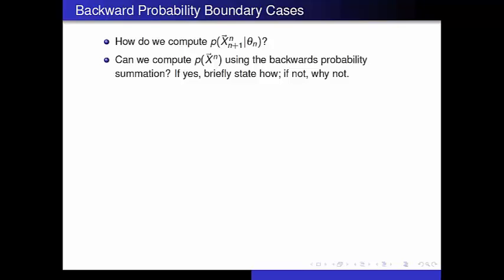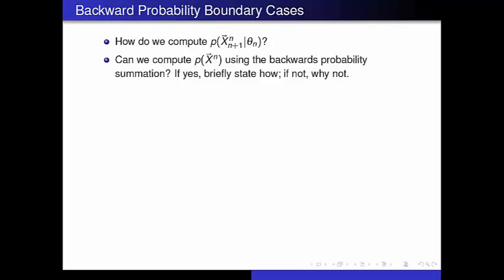So all I'm doing here is asking, what is the meaning of the backward probability? And to be completely concrete, what do we compute at the very last time step when t equals n? Then the backward probability becomes that equation. What is that?